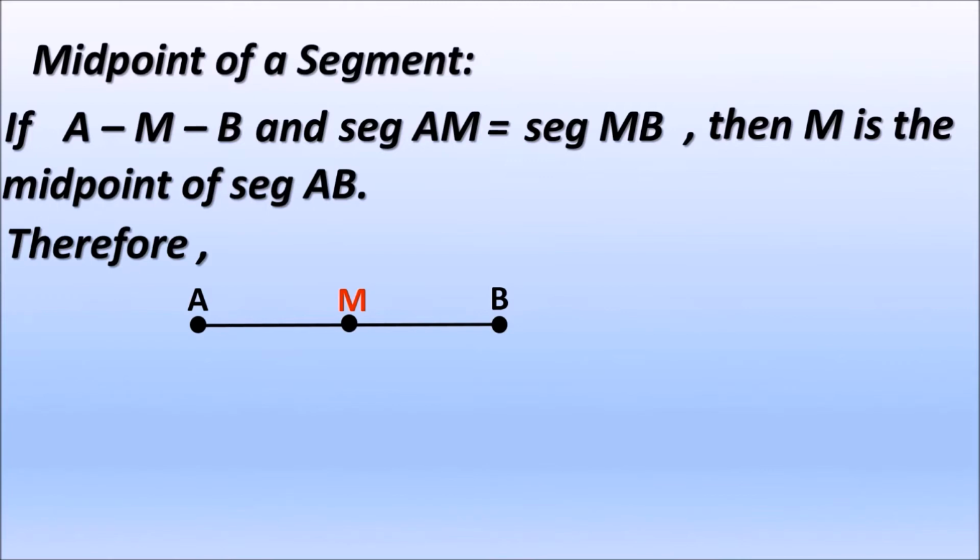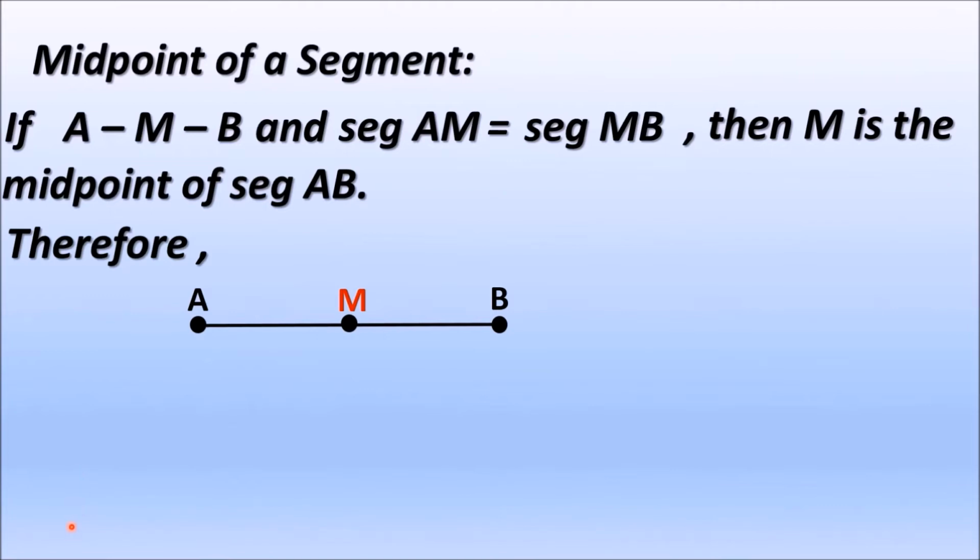Now we'll see that figure. You can see that here M is the midpoint of segment AB. M is between A and B, but between does not mean it's the midpoint. Midpoint means if AM and MB are equal in length, then we can say that M is the midpoint of AB.